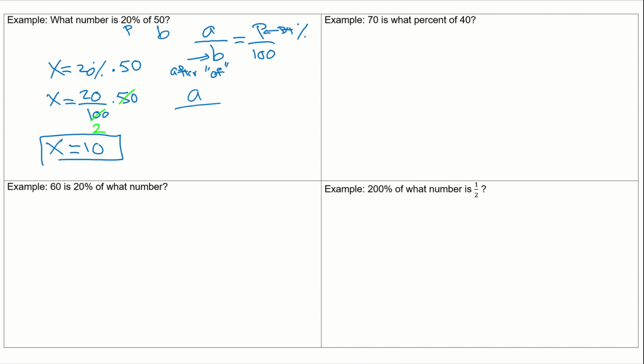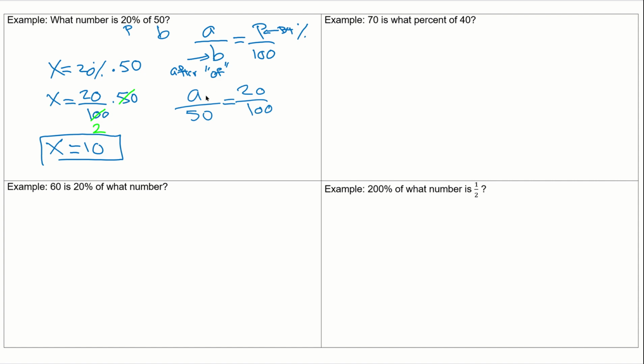So we get A over B, which is 50, equals P, which is going to be 20 over 100. So in this way, we just get a simple proportion, which we can solve by cross multiplying.